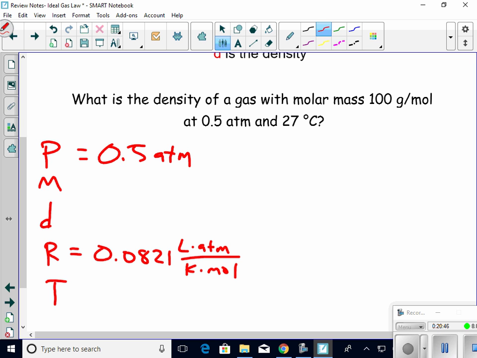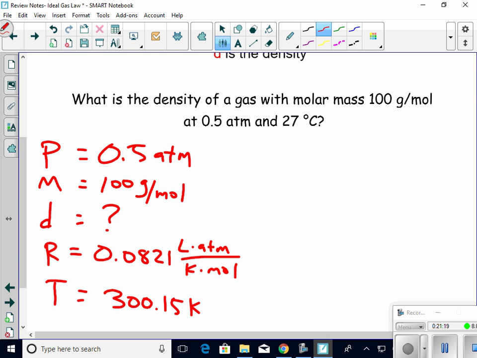I have a molar mass, 100 grams per mole. I do not have a density. I do have a temperature, and my temperature is 300.15 Kelvin. I take the Celsius and plus 273.15.